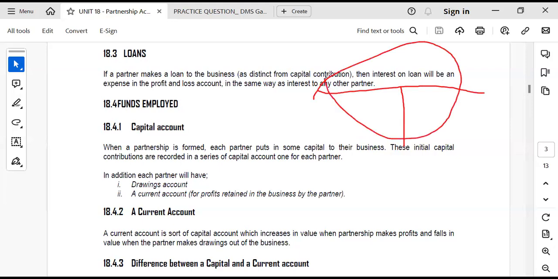When partners bring capital, Faith brings, Peace brings, Alina brings, JB brings, every one of us brings, we will show that there. When one of us picks money, we will show that our capital is reducing, because remember, drawings reduce our capital. When we have retained earnings, we will increase it in the same account. That's why we call it fixed. It's one account and it just holds so many movements. That's one type of capital account. Another one is called a fluctuating capital account.